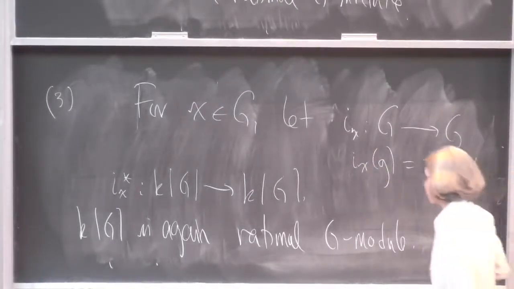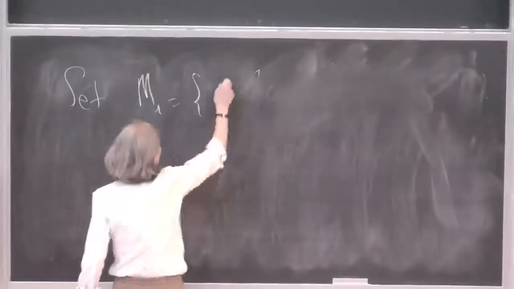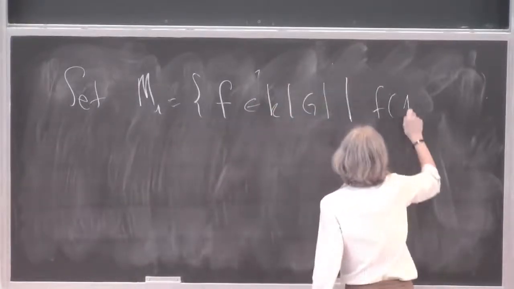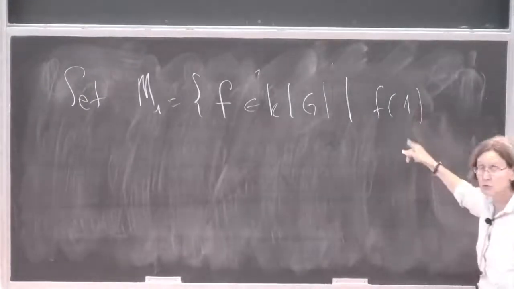But now I'm interested in only part of it, okay? So not the whole thing, but some part of it. So set M1 to be the functions in the K algebra that are 0 on the identity. So that's what the 1 stands for. So set M1 to be the set of f in K of G that vanish at 1 of G. That's the identity of the group.